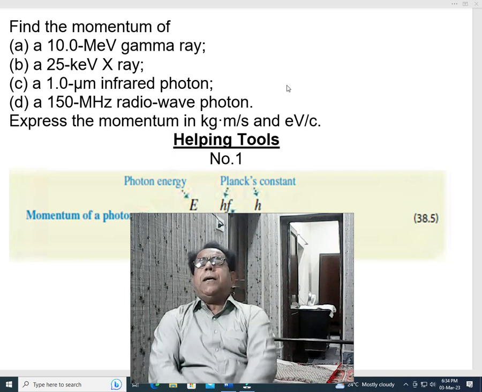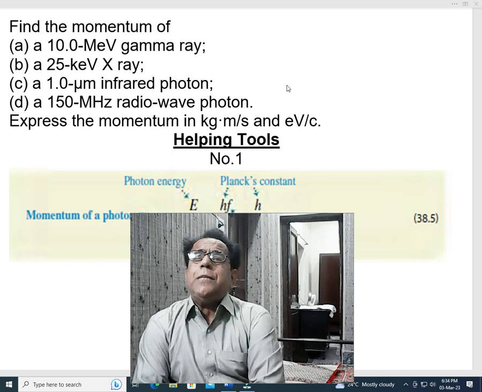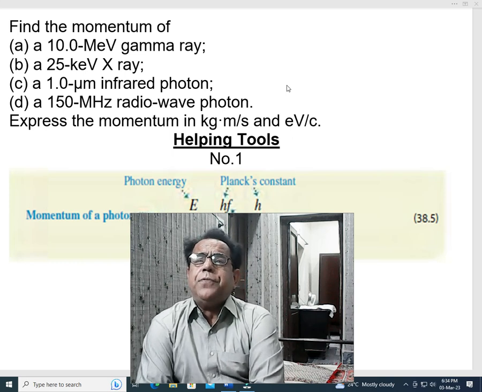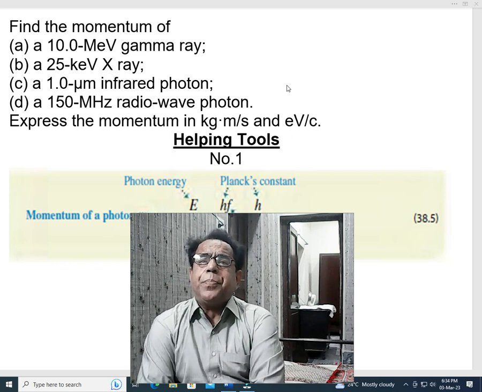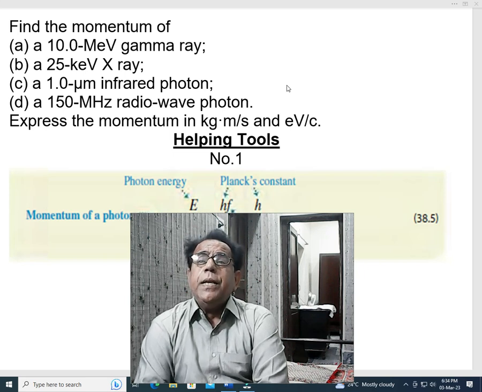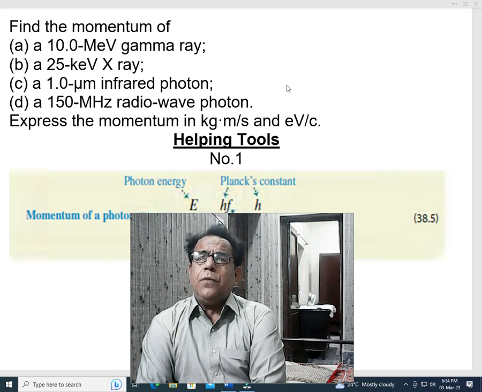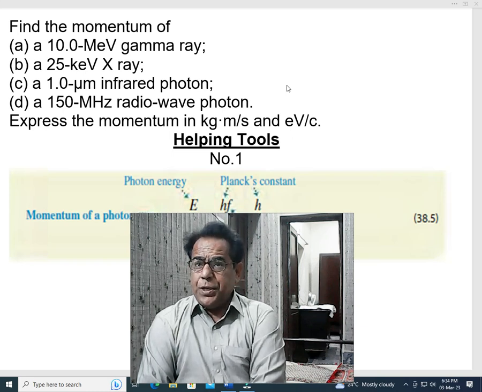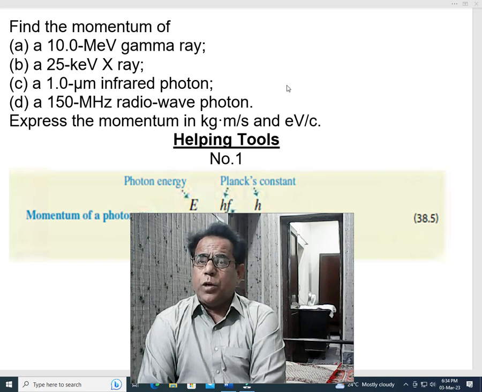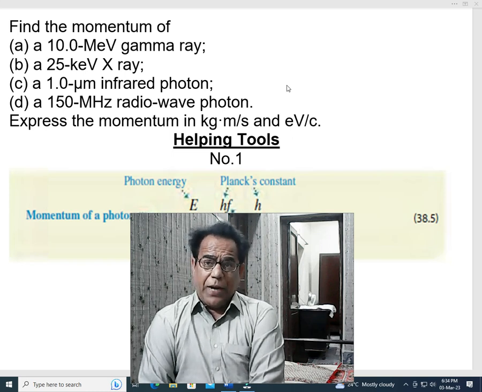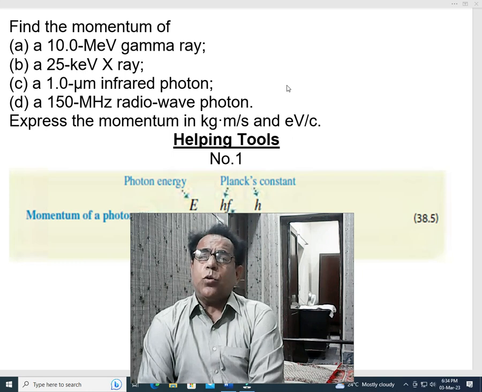So statement of the problem, which has been selected from the book Modern Physics by Kenneth S. Crane, is: find the momentum of a 10 million electron volt or mega electron volt gamma ray, a 25 kilo electron volt X-ray, a 1.0 micrometer infrared photon.